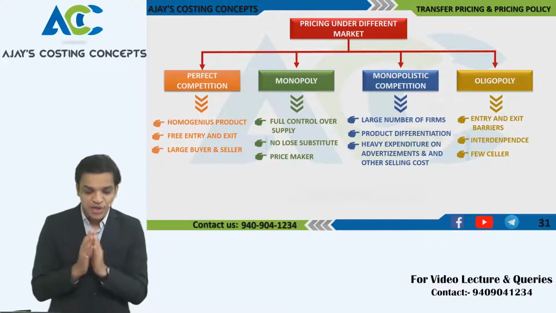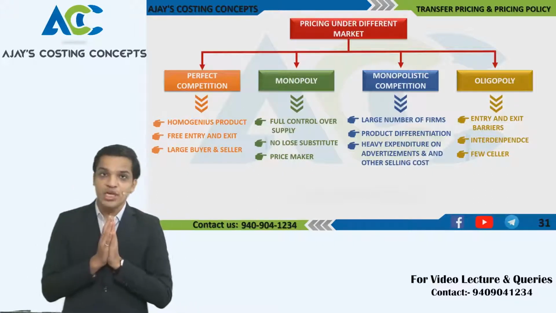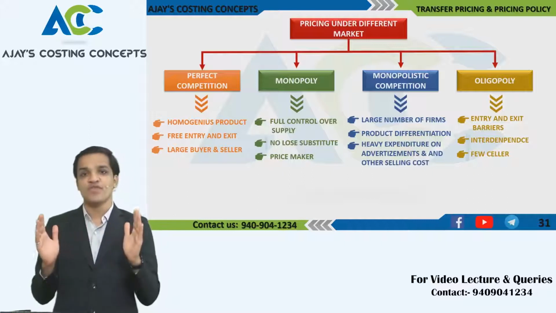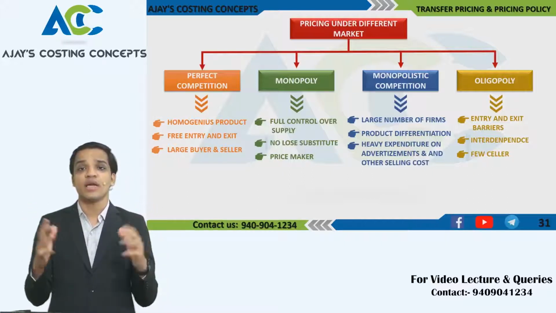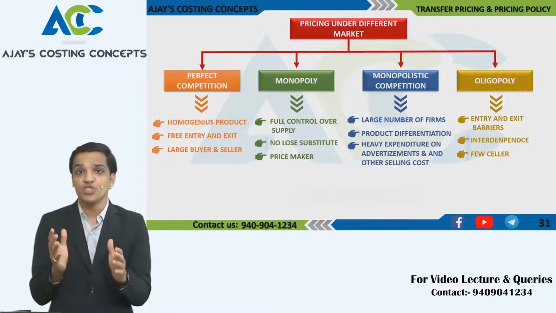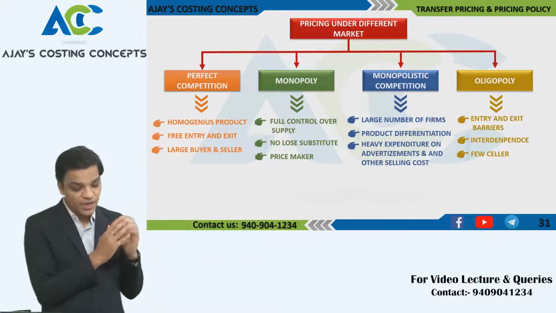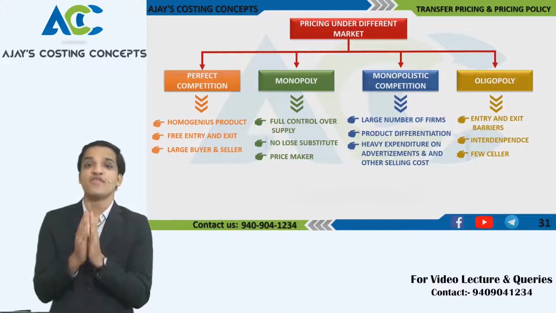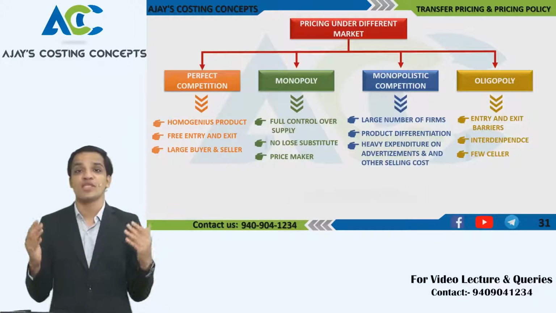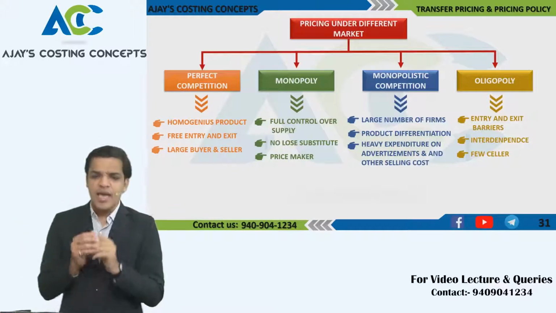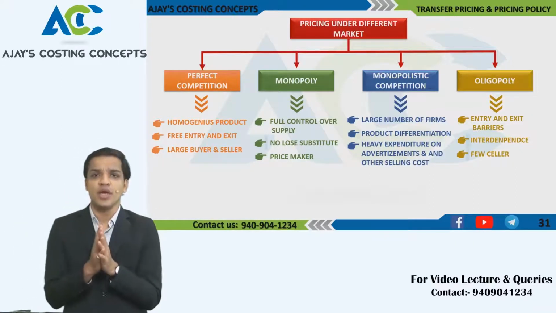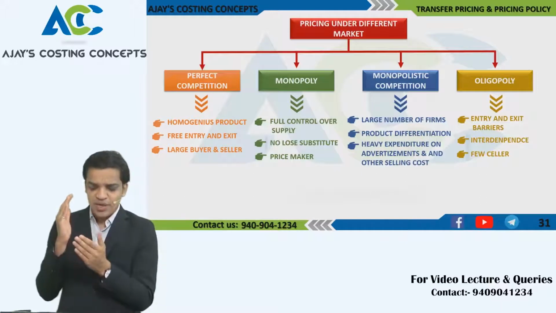Then we have monopolistic competition, where there are a large number of firms and a large number of products, but these products are not homogeneous as they are in perfect competition. There are differentiated products, different kinds of products, and there is huge expenditure on advertisements as well as selling cost.